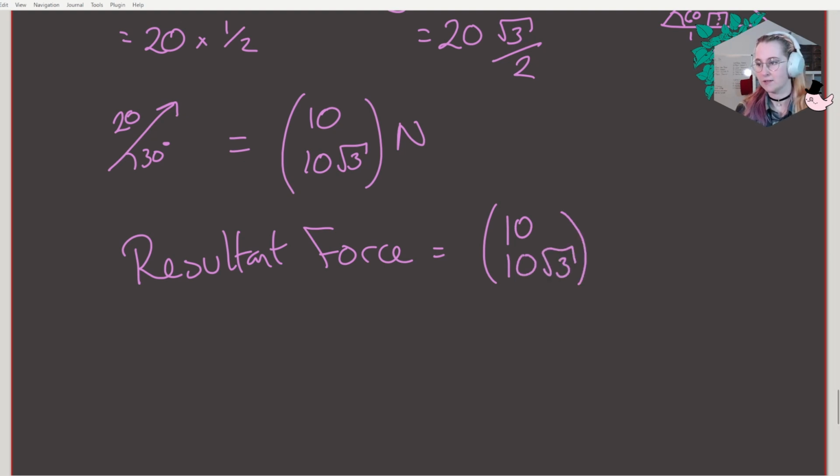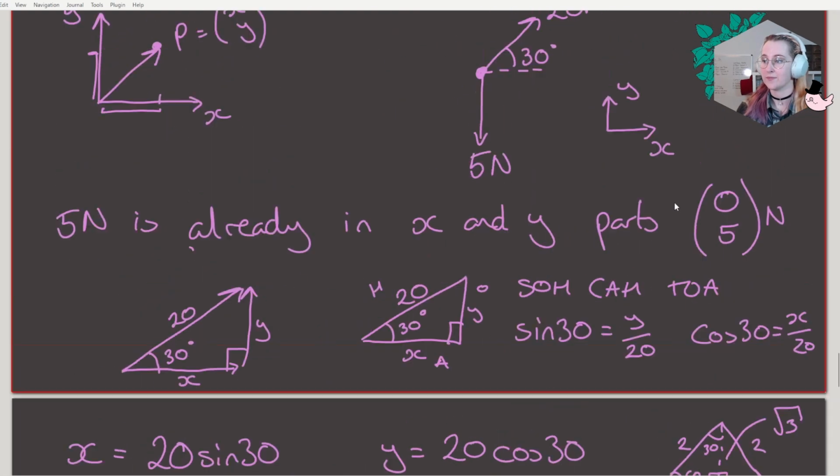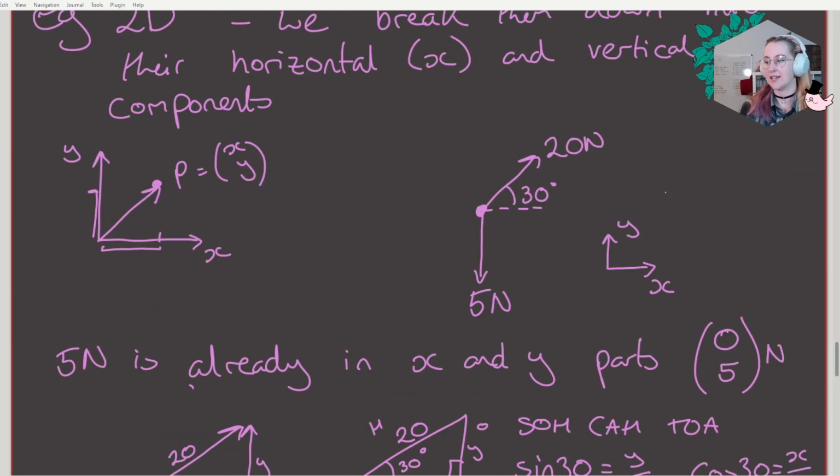10 root 3 newtons plus, right, now I wrote this as 0.5 and that was wrong of me. And if anyone caught it at the time and they're screaming at the VOD, good job. Because I said y was positive upwards, 5 newtons actually minus 5.